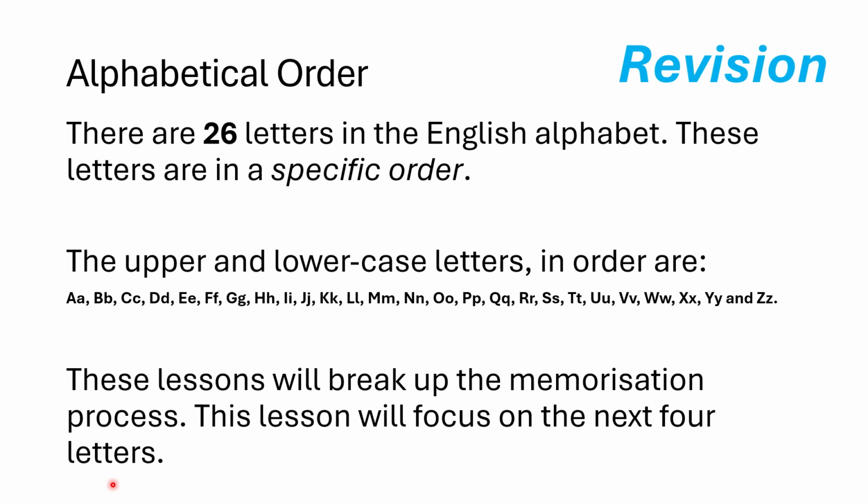The upper and lowercase letters in order are A, B, C, D, E, F, G, H, I, J, K, L, M, N, O, P, Q, R, S, T, U, V, W, X, Y, and Z. These lessons will break up the memorization process. This lesson will focus on the next 4 letters.